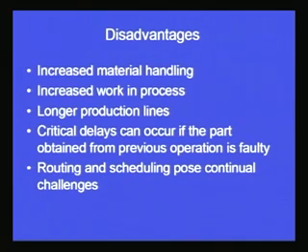The scheduling becomes complex and continuously we may have to change our schedules depending upon the dynamic scenario that is existing in the organization or in the different sections of the plant. So routing and scheduling problems are there, material handling is more, work in process is increased, longer production lines. So these are some of the limitations of process type of layout.